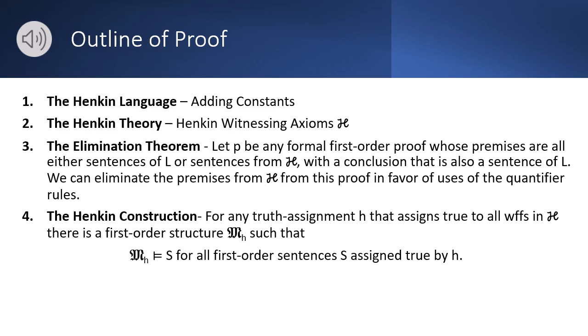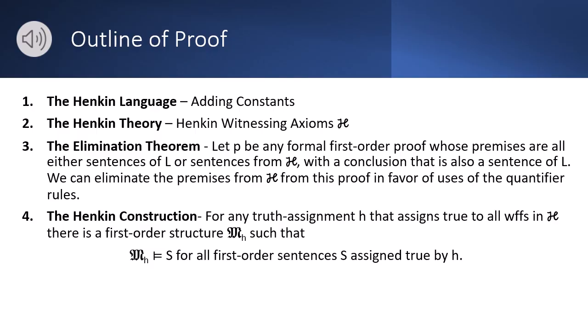Okay, and then the final piece, and the piece that we'll focus on that's common basically to all the proofs of the completeness theorem, and really the most important part of this entire construction, is the Henkin model or the Henkin construction.